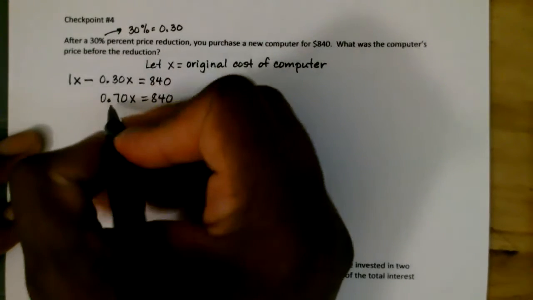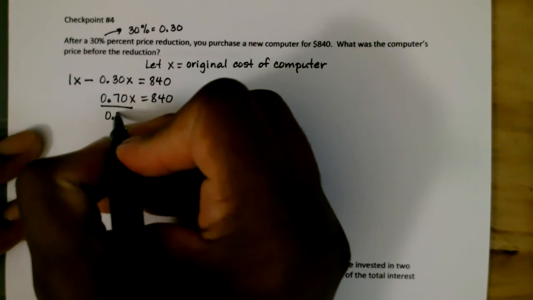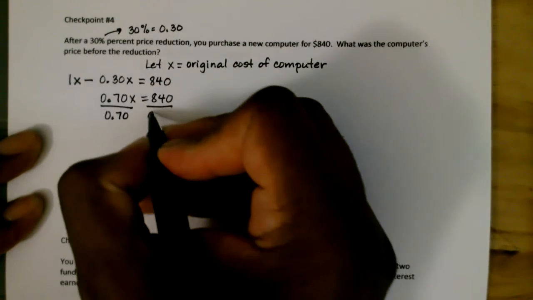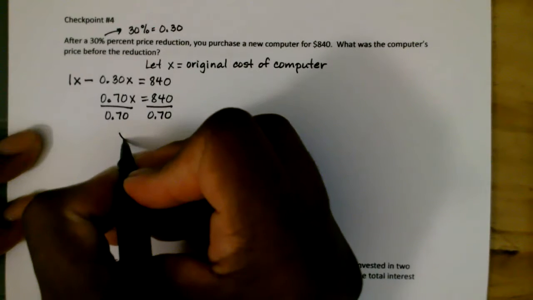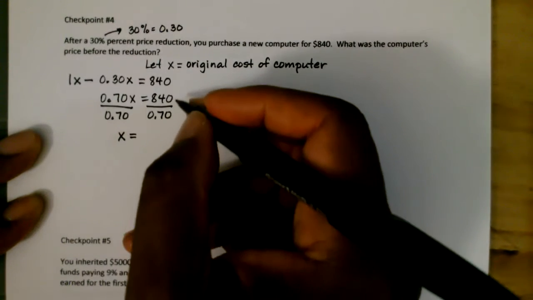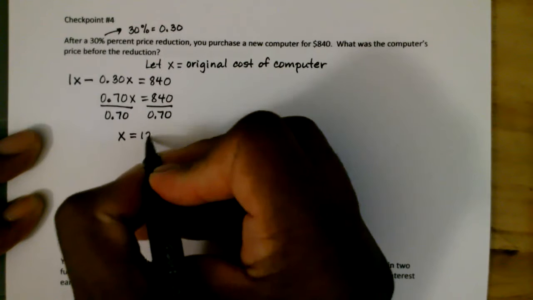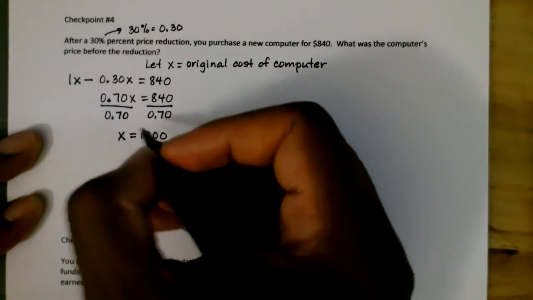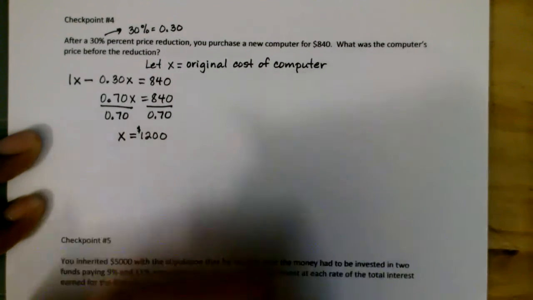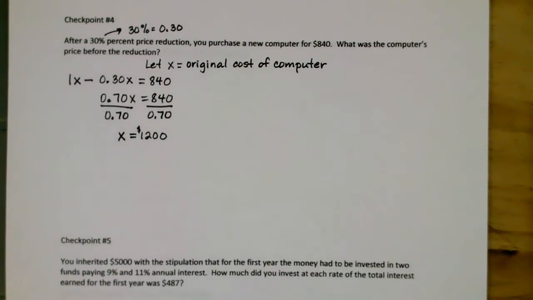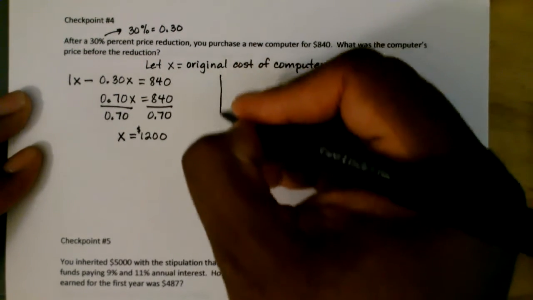And then to solve for X, we just divide both sides by 0.70. So here, 840 divided by 0.70 will give you 1,200. So the original price of that computer before the reduction was $1,200. That's one way of solving this word problem.